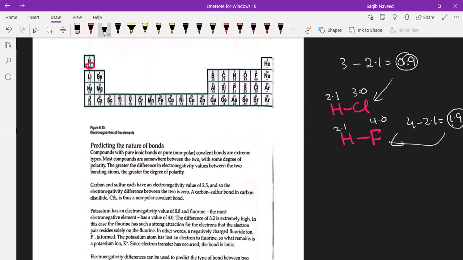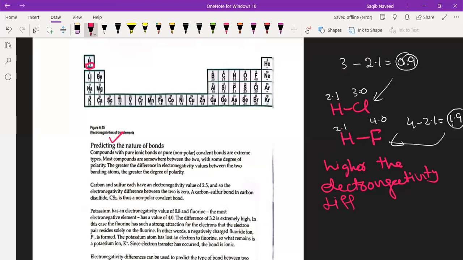Now, how can you predict the nature? The higher the electronegativity difference, the more polar the bond, and the more ionic character.